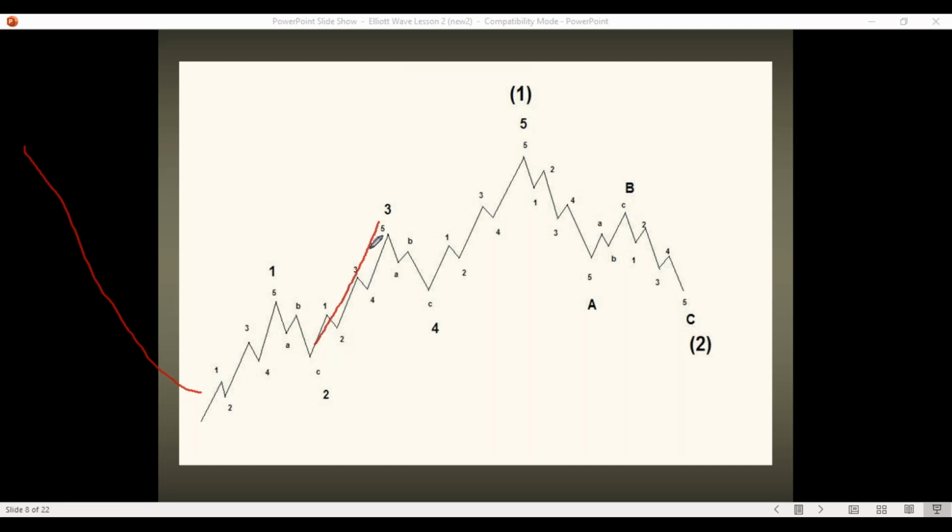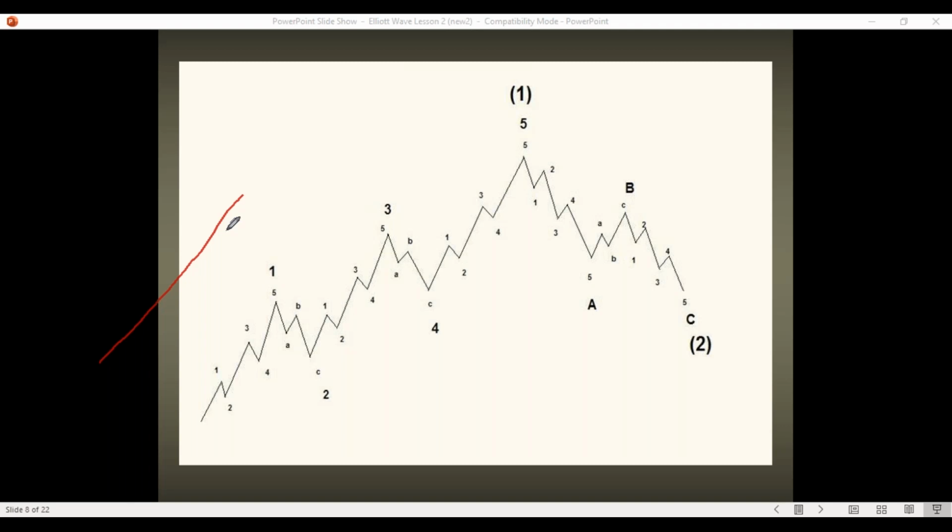Now, usually wave three tends to be the most impulsive wave. Whenever I pull up a chart and see the biggest, most dramatic move on a stock, I always assume that's a wave three until proven otherwise. It could also be a wave five, but usually the biggest move you see that stock make is almost always wave three.